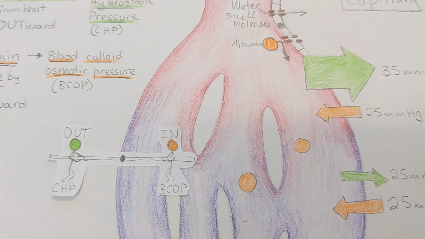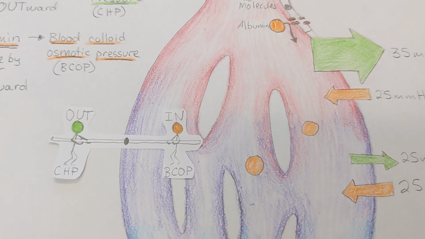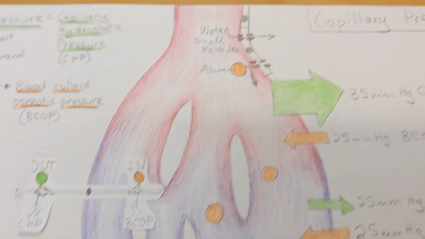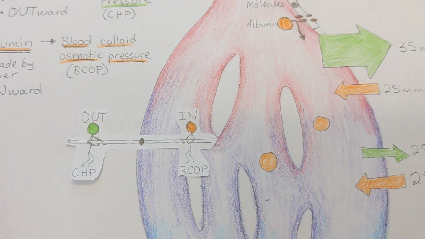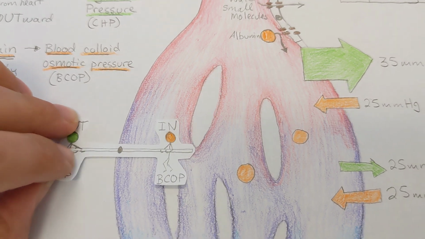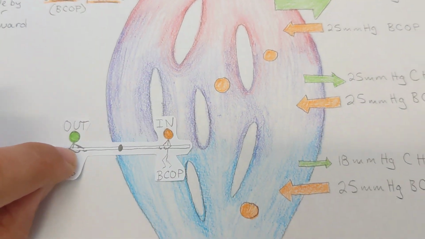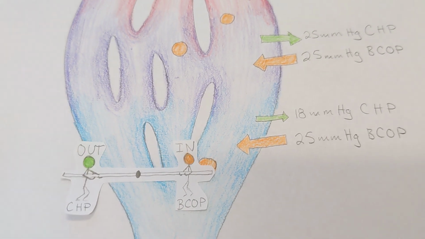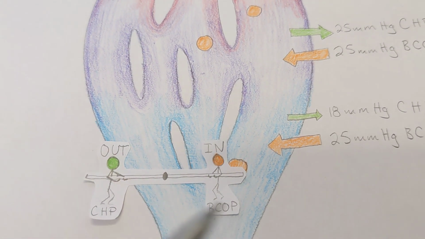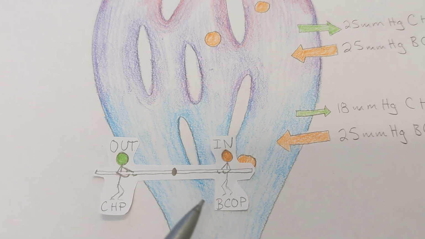Okay, the blood pressure is going to reduce so much, right, again, because we're losing all of this water. Blood pressure reduces so much that by the time you get to the venous end of the capillary, the blood colloid osmotic pressure is winning. That is, they're both still active, right?